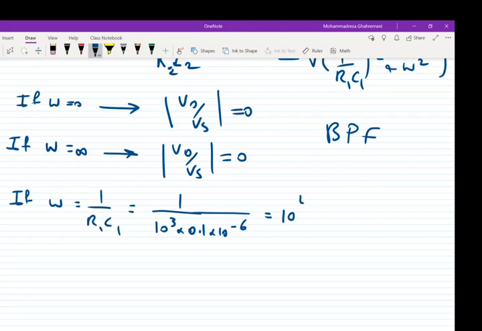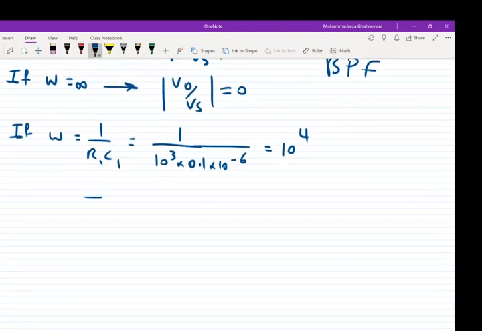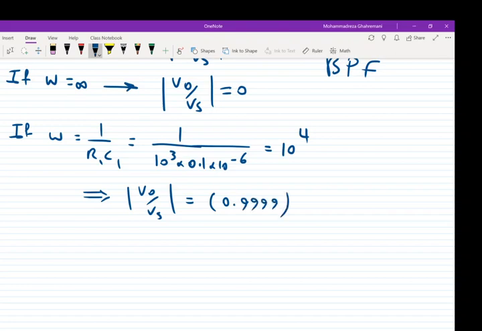So it's 10 to the power of 4. If omega is 10,000, the gain is equal to 0.9999 times 1 over square root of 2, which is 0.707. This one is the first cutoff frequency.